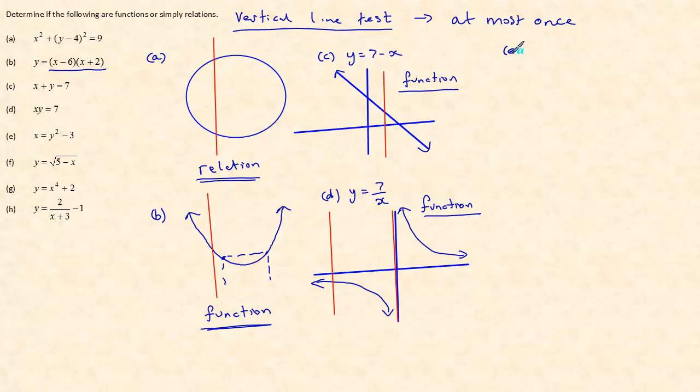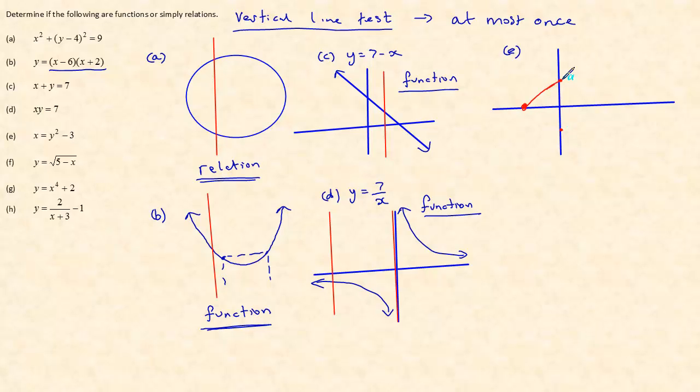Now in part E, x is equal to y squared minus 3. We know what that looks like. If y is equal to 0, x is negative 3. If x is equal to 0, y is equal to positive or negative root 3, so that's going to go through there.